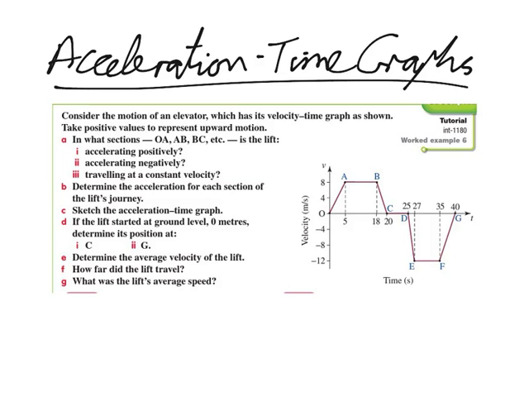Alright, so here's our example. It says consider the motion of an elevator with velocity time graph as shown. Take positive values to represent upward motion.